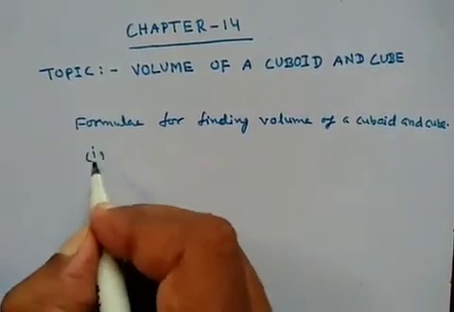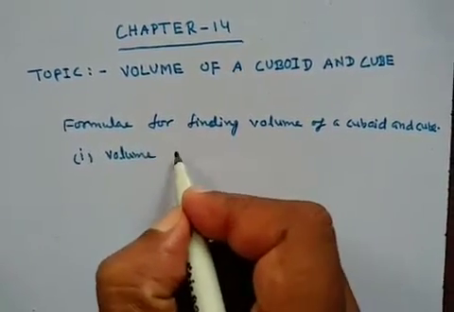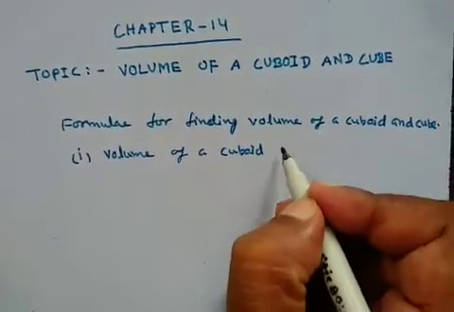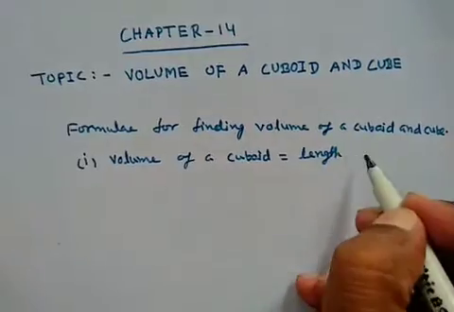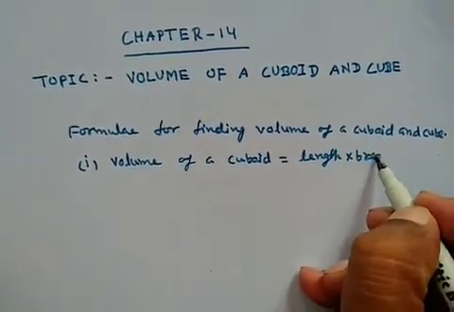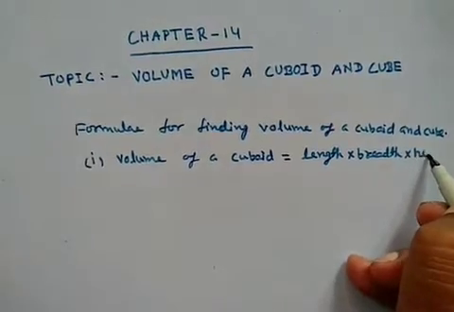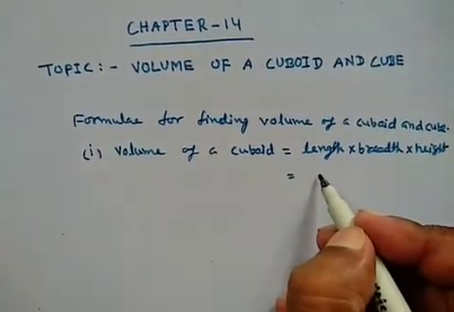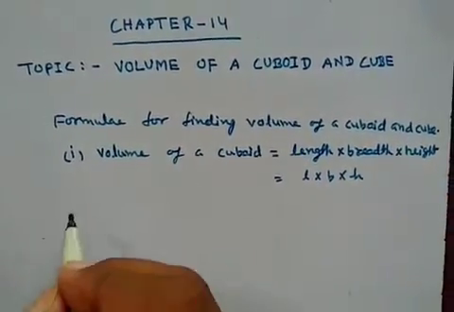Number 1: volume of a cuboid equals length into breadth into height, represented by L into B into H.